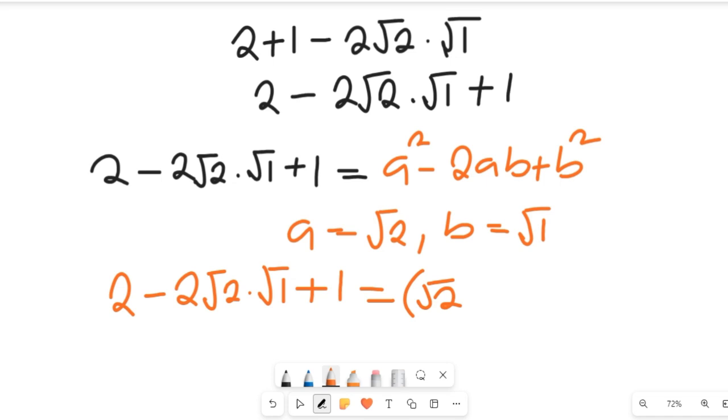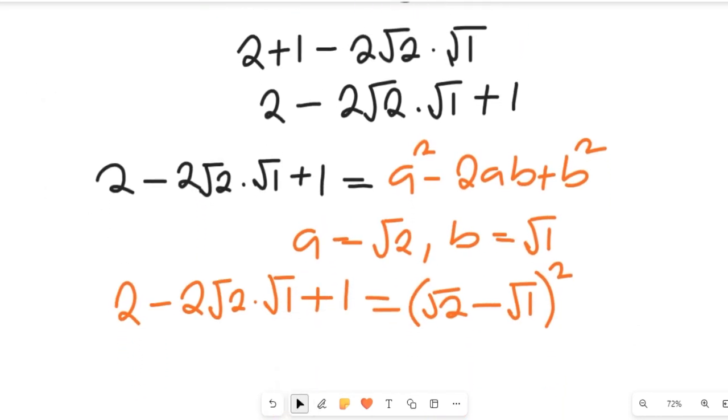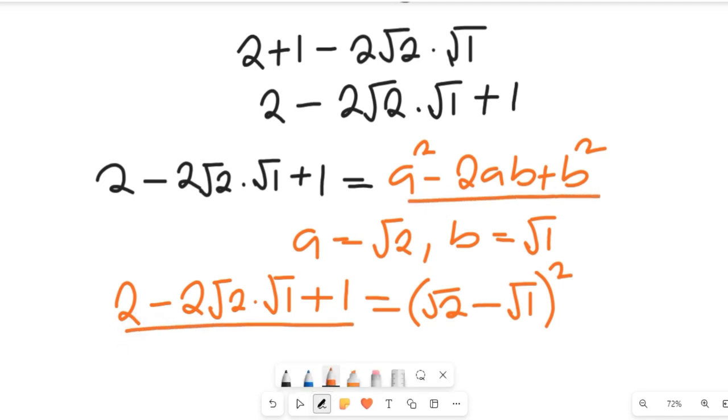as the square root of 2 minus the square root of 1, all squared, right? We can write it in that format because this is equal to this.